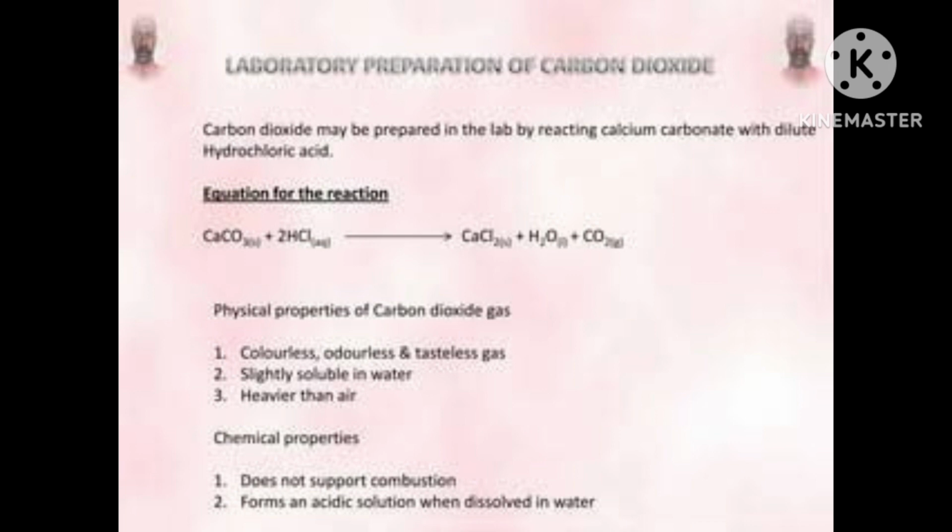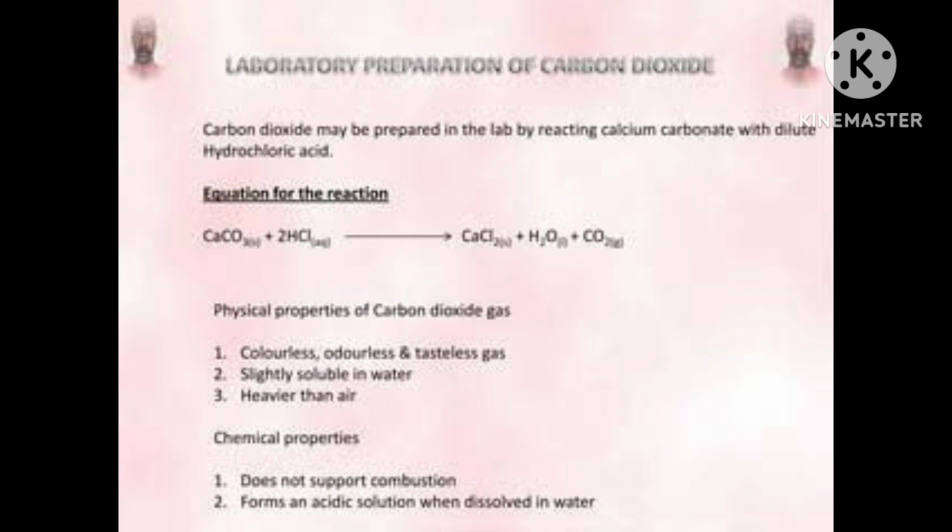Next example is P4 plus 5O2, which gives P4O10. P4O10 means P2O5, phosphorus pentoxide, doubled; it is a dimer. P4 plus 5O2 gives P4O10.